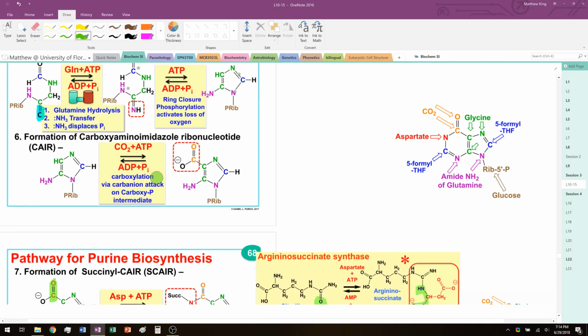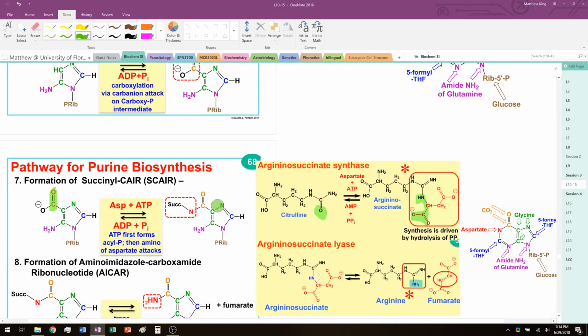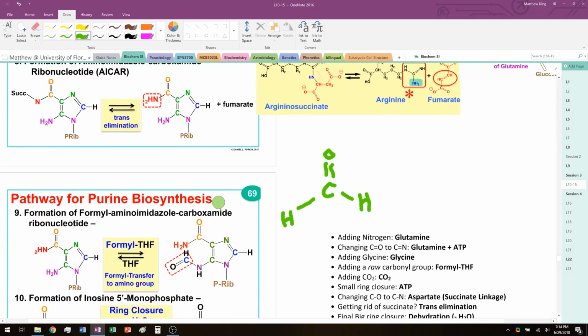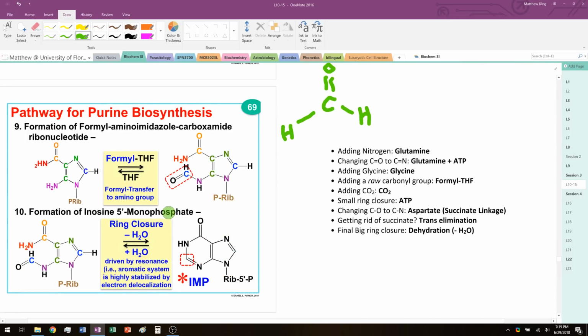But when we close the big ring, so scrolling back down here now, we don't have to deal with any carbon double bond to nitrogen, because there's no carbon double bond to nitrogen anywhere present here.